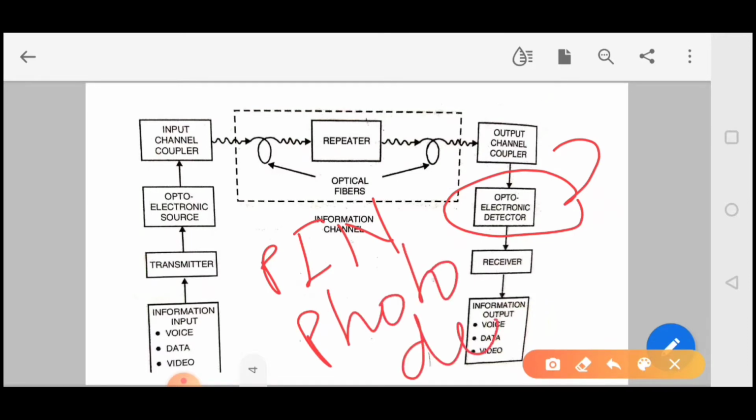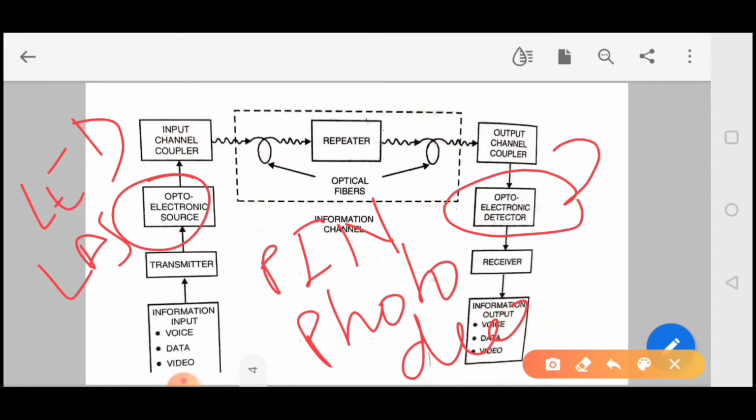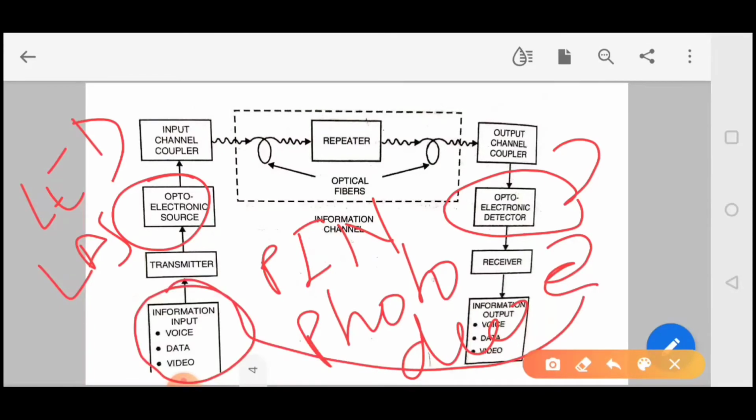Very important, here we are using LED and laser, which convert electrical to optical signal, and the PIN and photodiode convert the optical to electrical signal. In the receiver this electrical signal is received and is again changed into the information which was transferred from the transmitter, like voice.